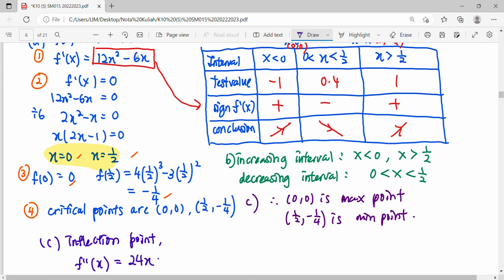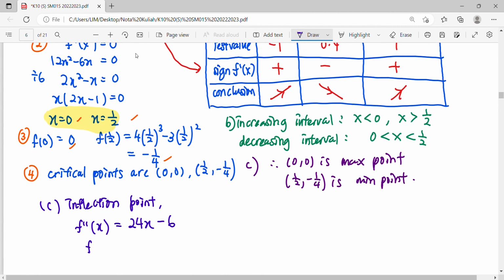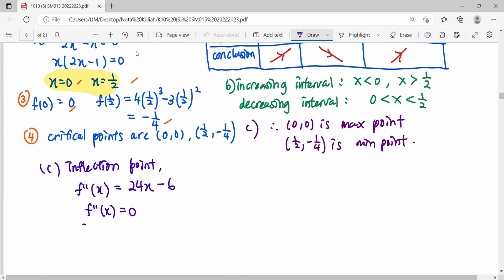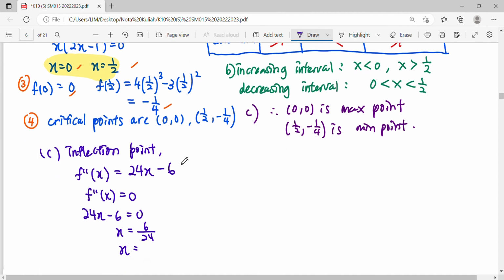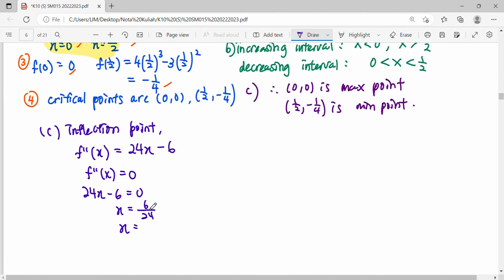Differentiate 6x to get 6. So let this second derivative equal 0. Your x will be equal to 6/24, simplify. So you have an inflection point here, which is 1/4.